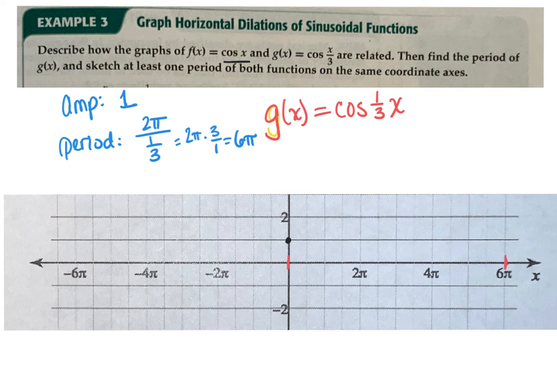That is easy. What is halfway between 0 and 6 pi? 3 pi. So this is my halfway mark. What's halfway in between 0 and 3? 1.5. So if this is 1 pi, my 1.5 pi should be right here, and my 4.5 pi should be right here.